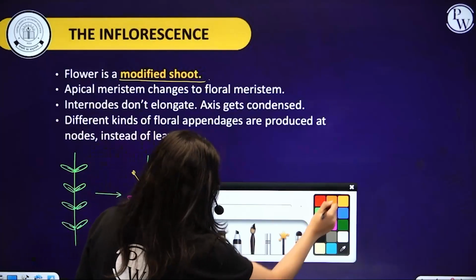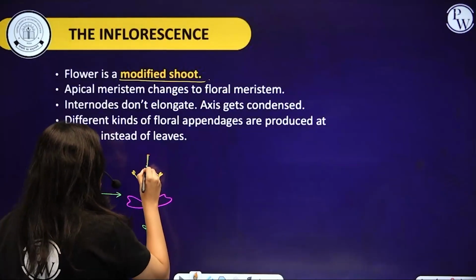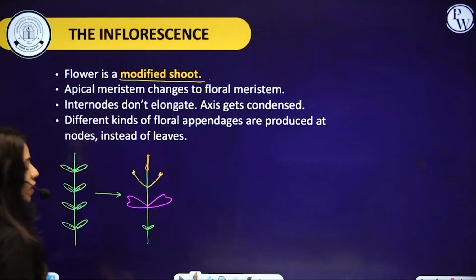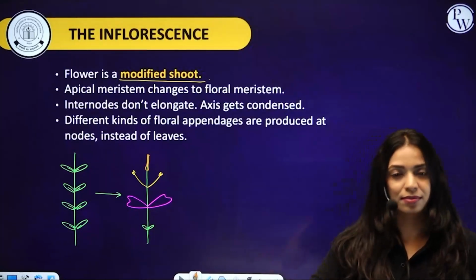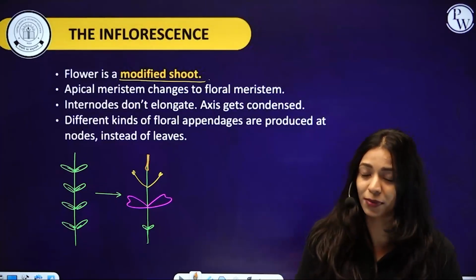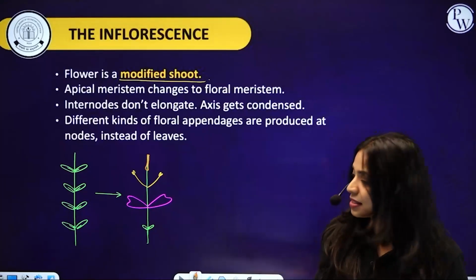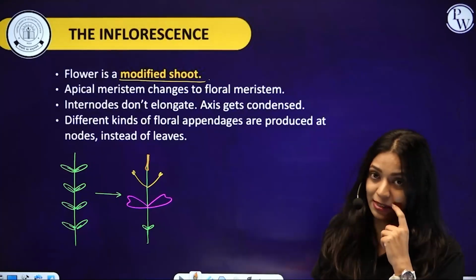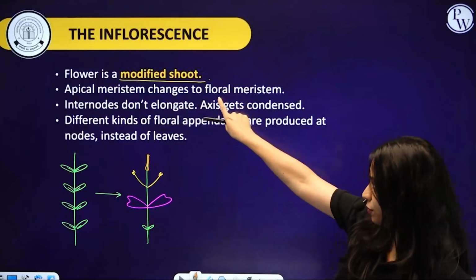And finally, at the last node, the pistil or gynoecium will form. So in a normal shoot, you have nodes and internodes. From the nodes, the leaves will arise. But when a flower is being formed, instead of the leaves, you will see other floral parts like sepals, petals, stamens and pistil. Okay. So this is what we mean when we say flower is a modified shoot.